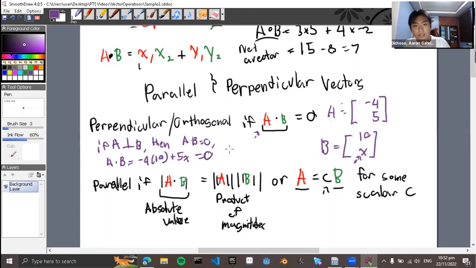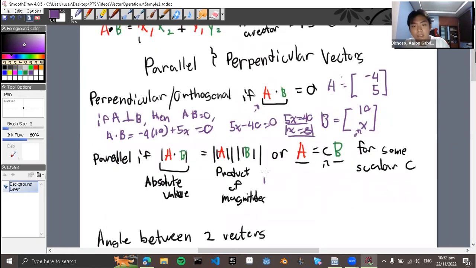Let's just solve this. You would get 5x plus 40 equals 0. 5x is equal to negative 40, and x has to be negative 8 for A and B to be perpendicular to each other. Okay?